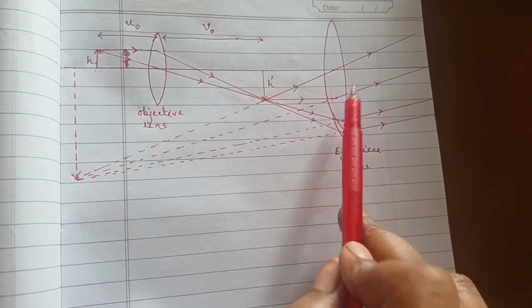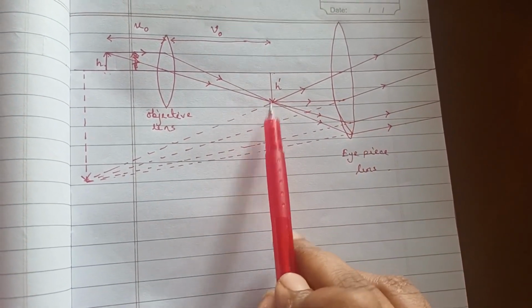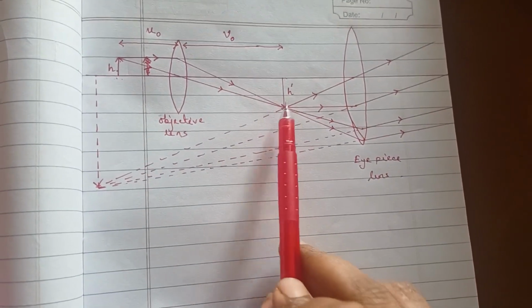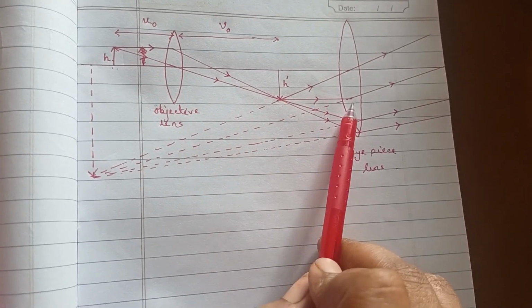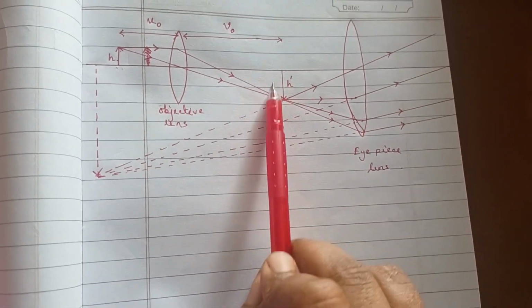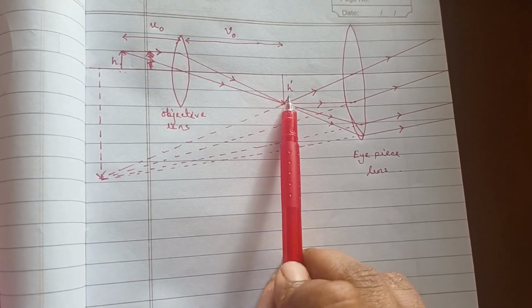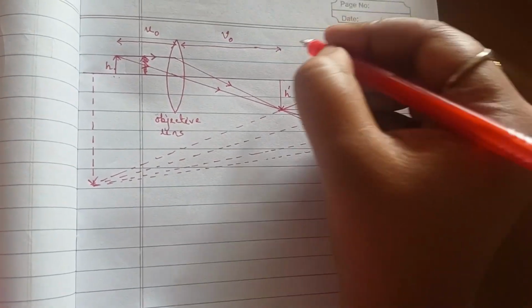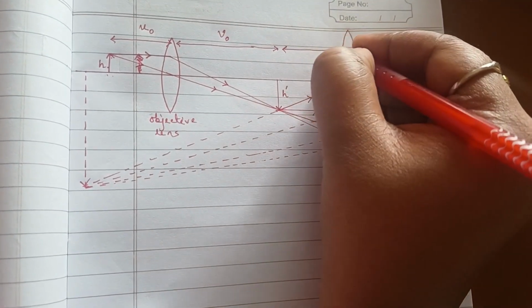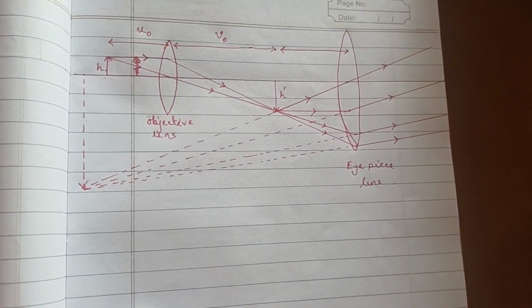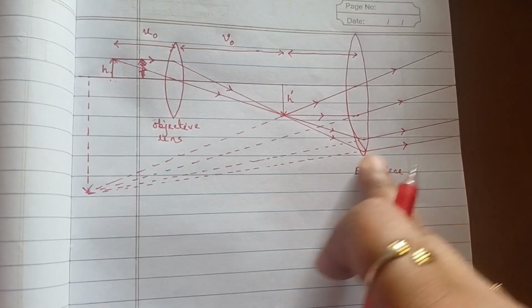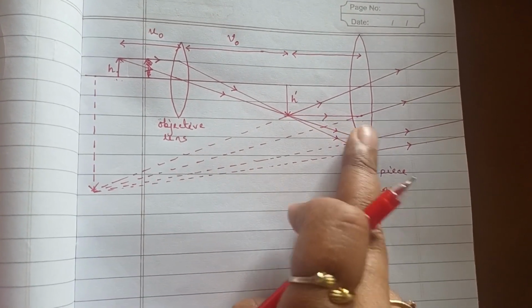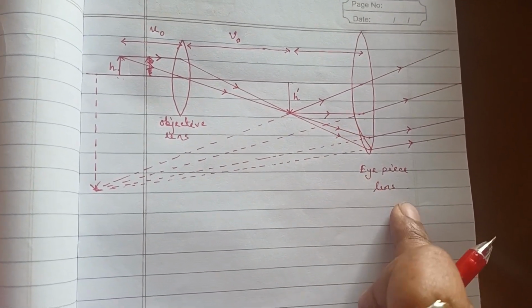Done. Now for the eyepiece lens. Now this image which already has formed is going to act as the object for the eyepiece lens. Okay, this h dash now is the object for the eyepiece lens. So basically this distance over here, it is what? This is object, this is lens. So this should be the object distance, but for which lens? Eyepiece lens.